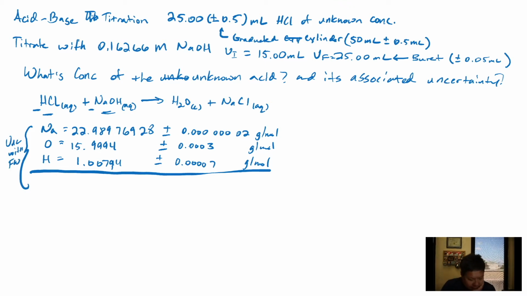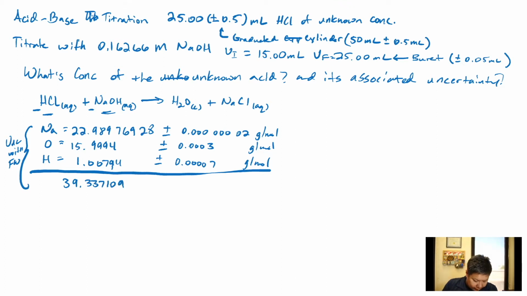And so we'll do sodium hydroxide first. And so simple arithmetic here, so an addition operation. 22.8989 and so on, plus 15.9994, plus 1.00794, all added up together is 39.9971009.